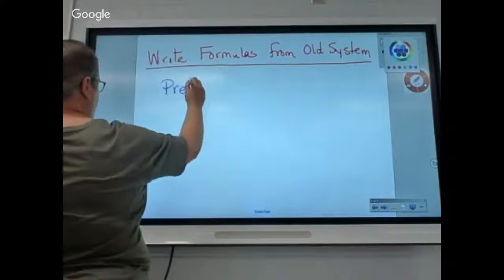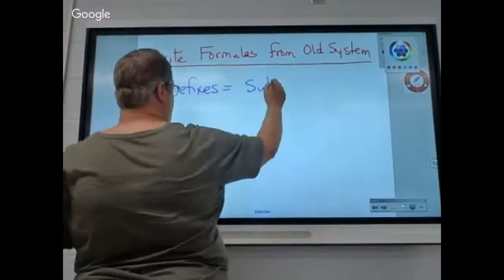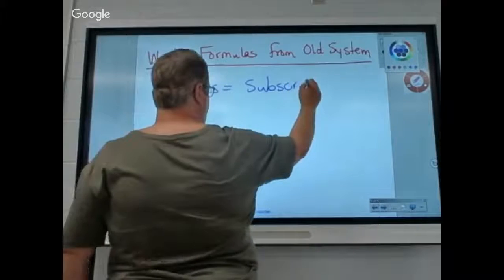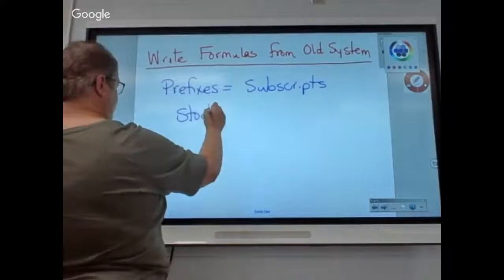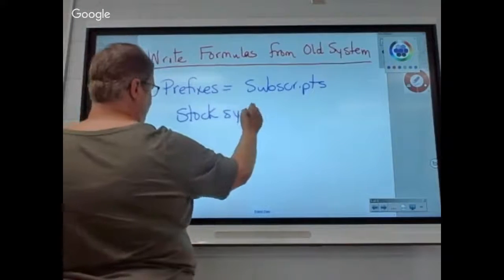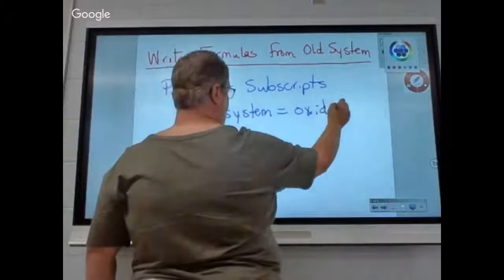Prefixes equal subscripts. Stock system equals oxidation numbers.